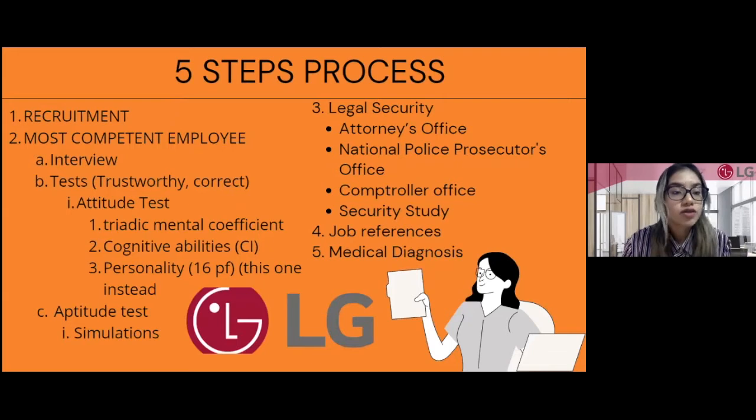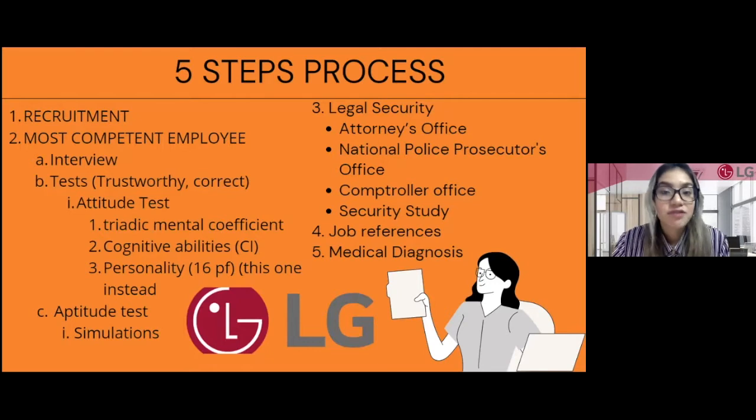Then we're going to move on to the most competent employee, meaning having a personal or real life situation with the interview or the candidate. Then we are going to review the legal security documentation from the Colombian government policies, and then job references are going to be fundamental in the fourth step to make some comparisons. And finally, we're going to end up with the medical diagnosis revision.